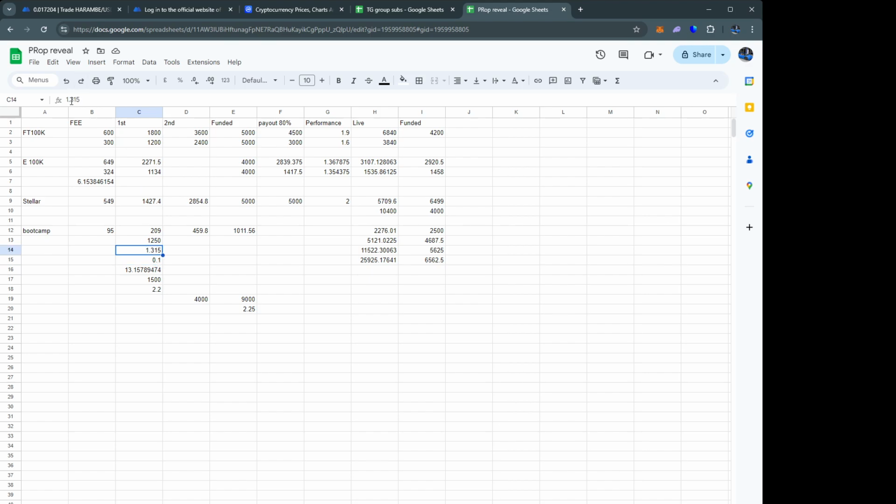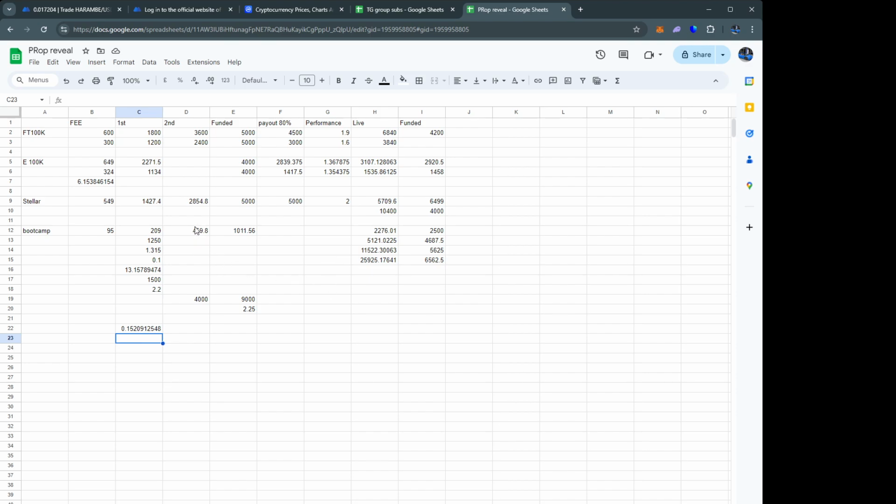I will take this as an example: if we open 1.3 lots in the challenge account, we must use 0.1 lot in our initial live account. For example, if we're gonna open 2 lots, we must open in the live account, dividing by 13.15, 0.15 lots, and this goes on.